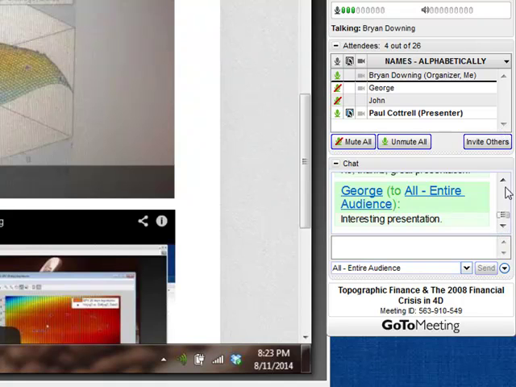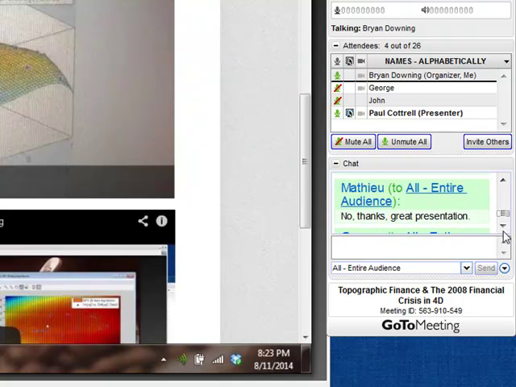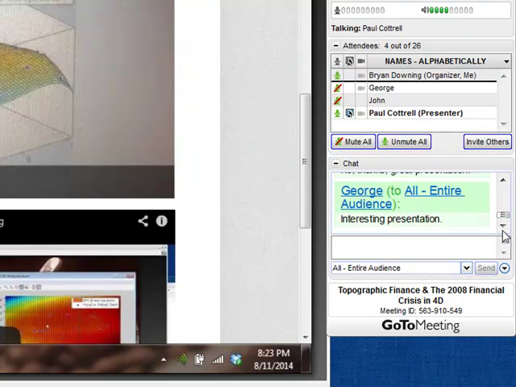George says interesting presentation. Yeah, the next presentation that I'm doing is going to be about using Poseidon in the bond market. I'm not a bond trader, but I do believe that the bond market is a good sign as telemetry for other things, for the equity market for sure, because it's usually negatively correlated.